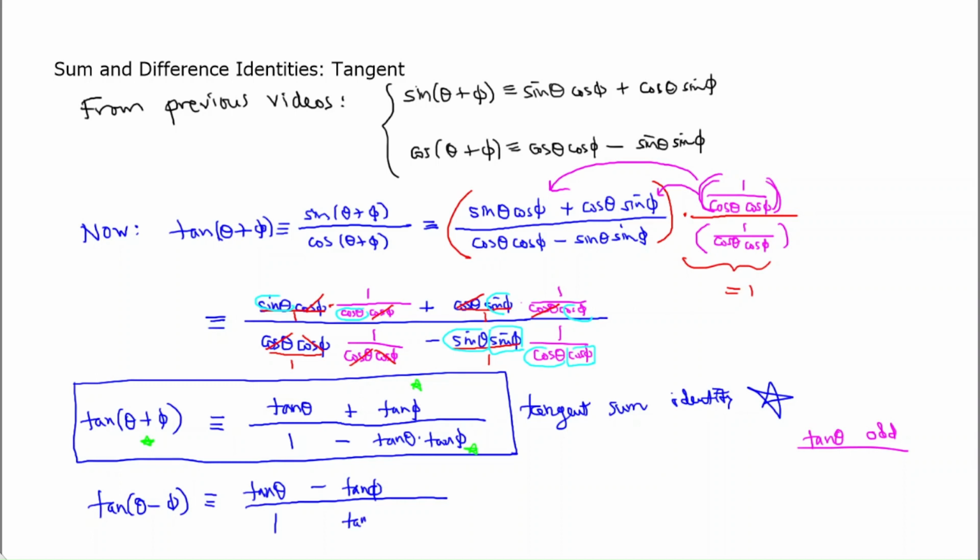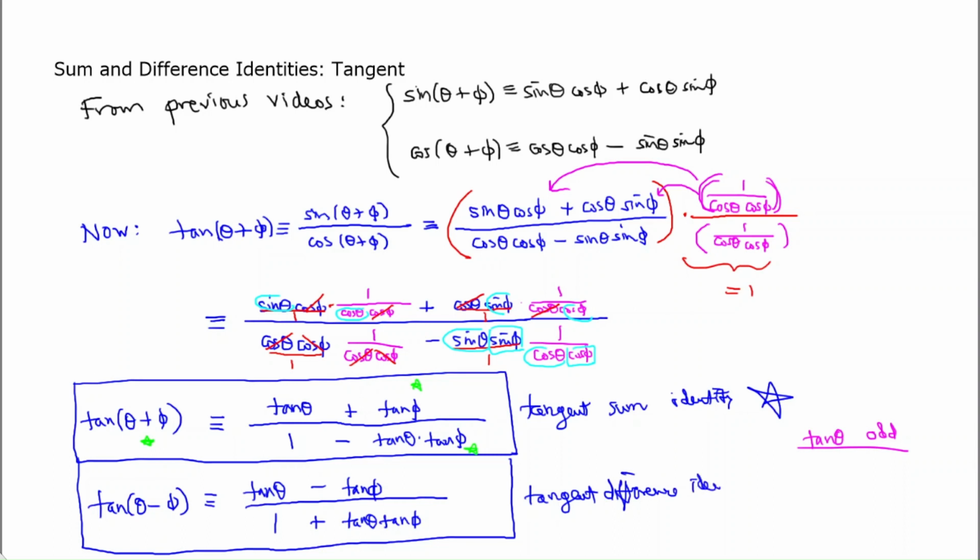So my numerator is going to be tangent theta minus tangent phi. Downstairs I'm going to have the 1, and then if I imagine my phi becoming a negative phi, that negative will come out front, multiply the negative in front of the product, tan theta tan phi, so negative negative makes a positive, and before you know it, now we have our tangent difference identity.